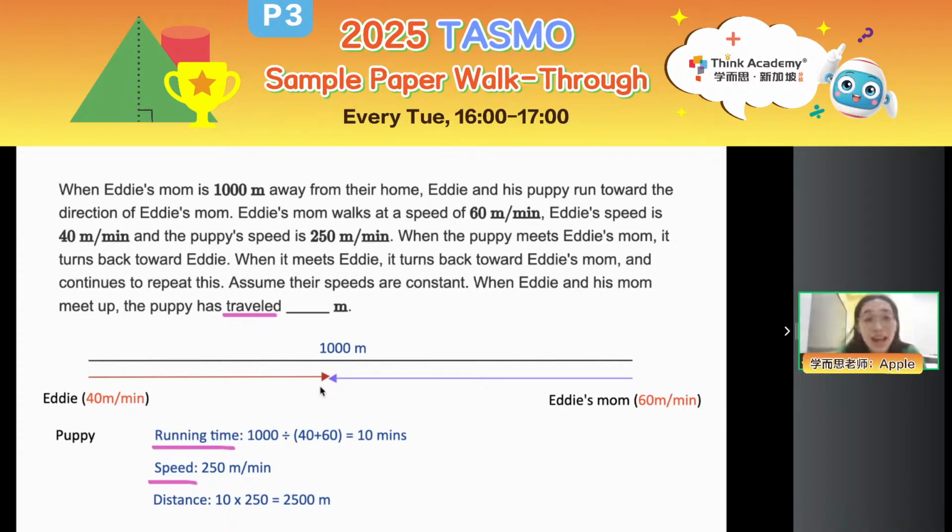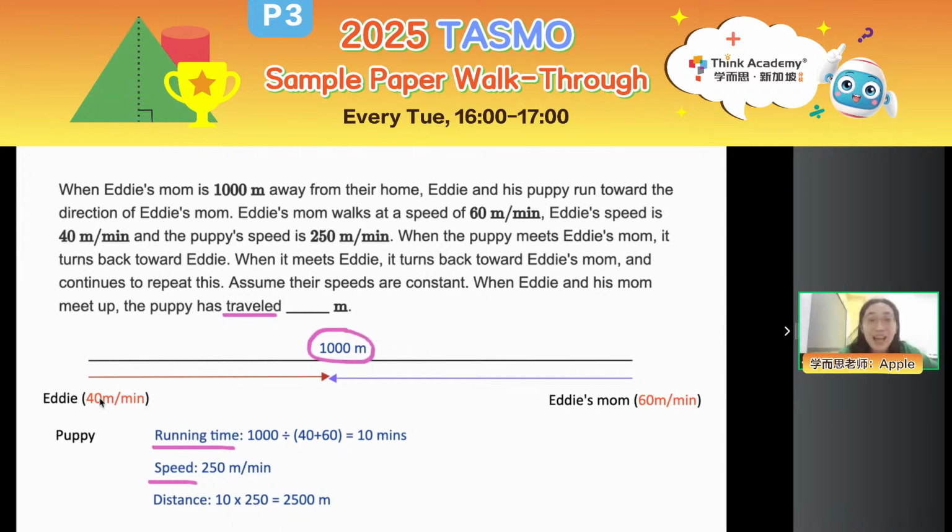Then, how do we figure out the time? Addie and Addie's mom are walking towards each other. So after how many minutes can they meet each other? Because only when they meet does the puppy stop, right?